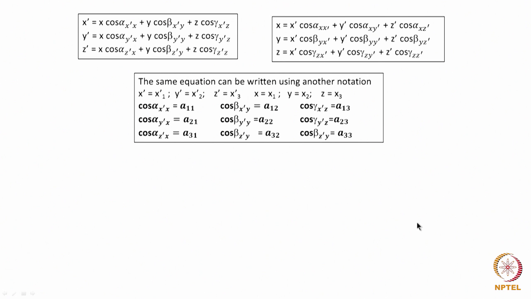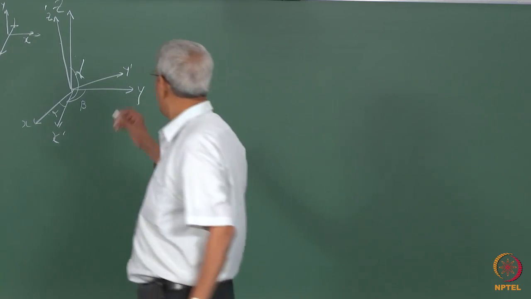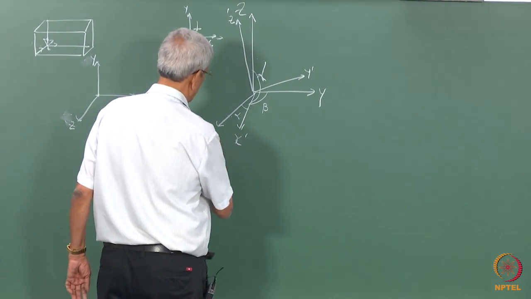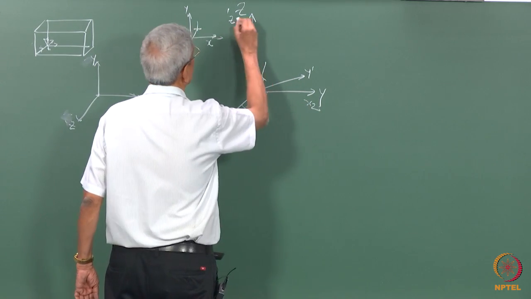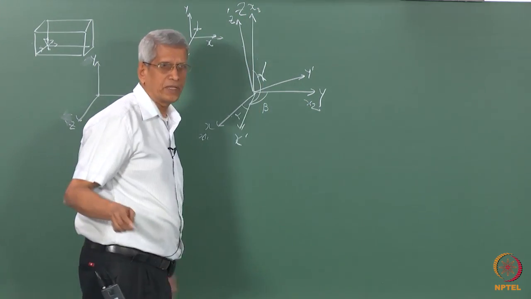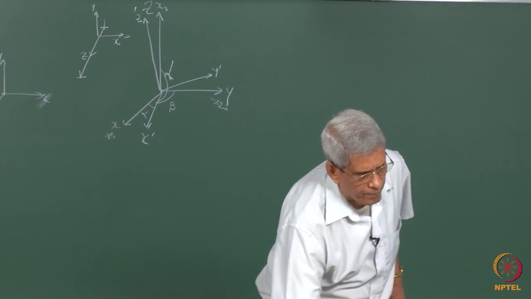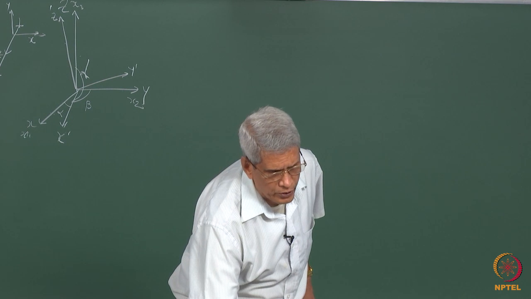In many books you find that instead of using x, y, z, these are represented as x1, x2, x3. These sorts of symbols are also used. That is what I have shown here.